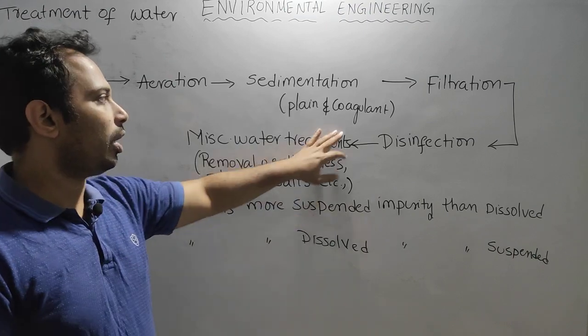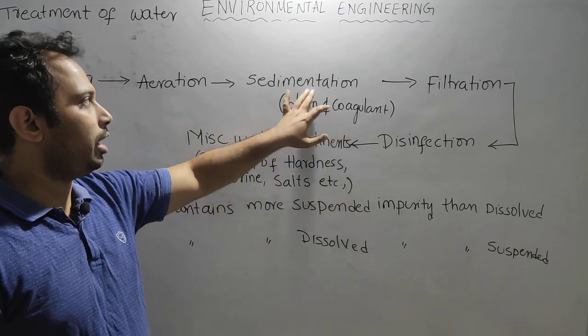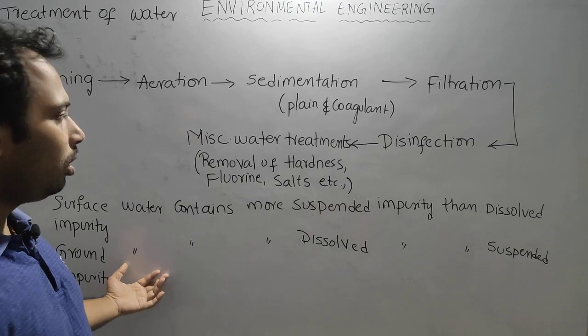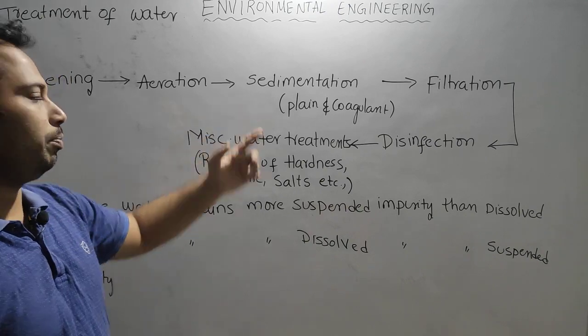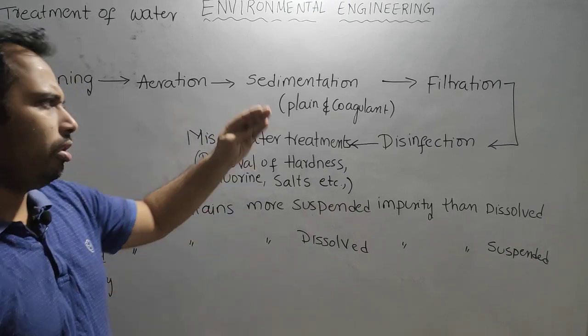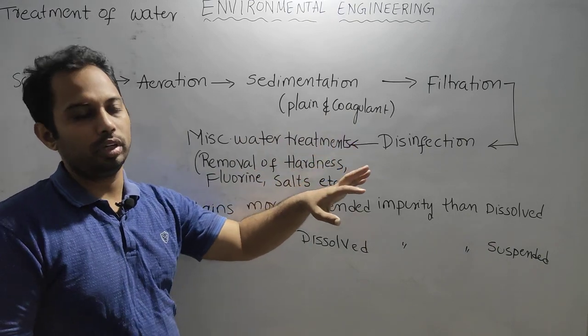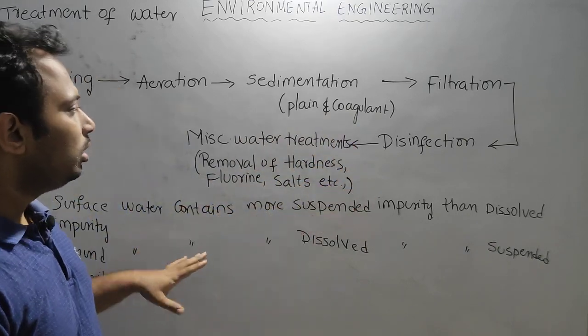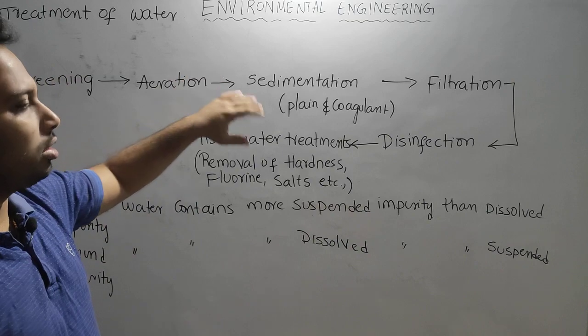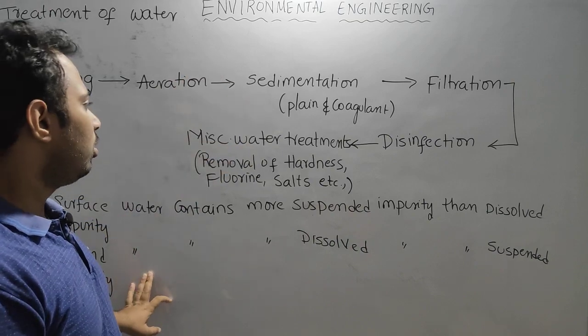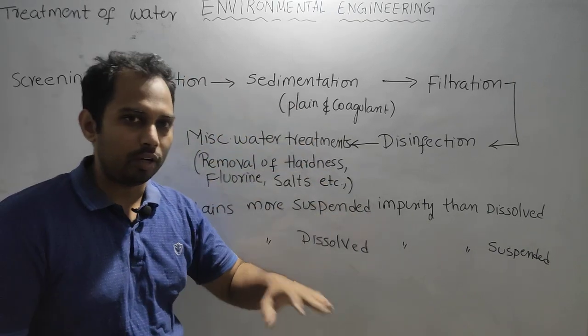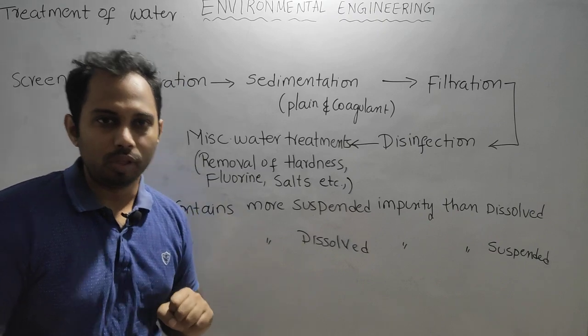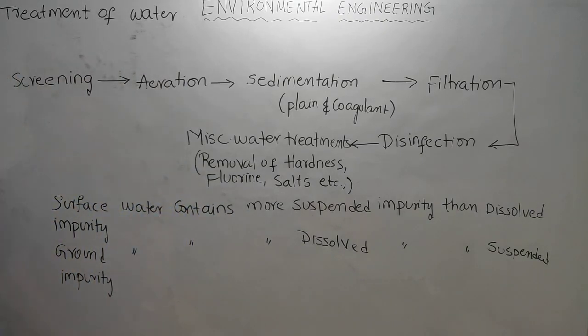For surface water, plain sedimentation is better. Filtration and disinfection are common for both kinds of water. So surface water and groundwater need different kinds of treatment, which we need to understand. That is why I have made these differentiations.